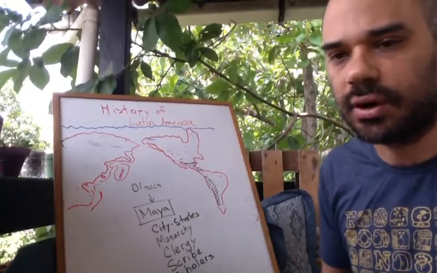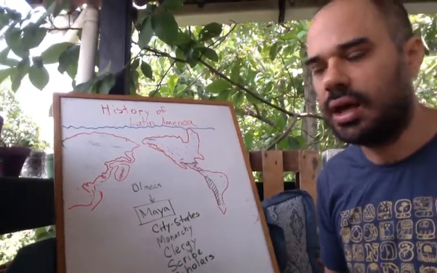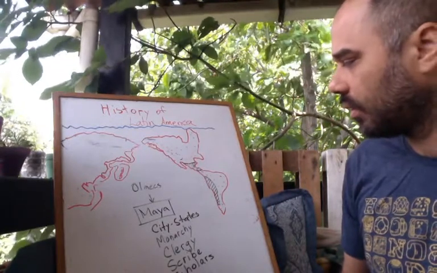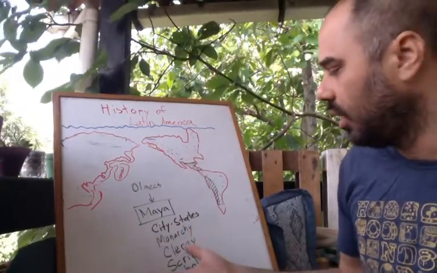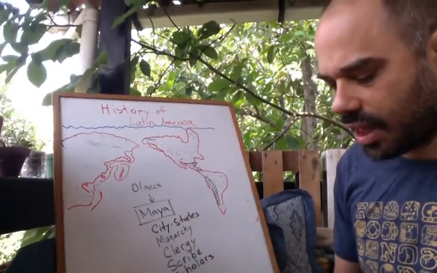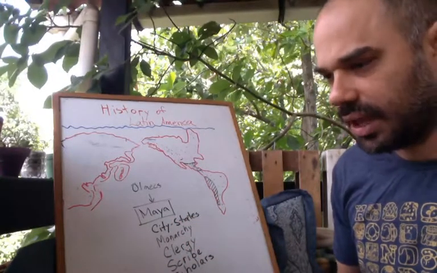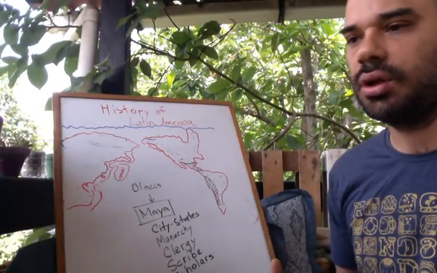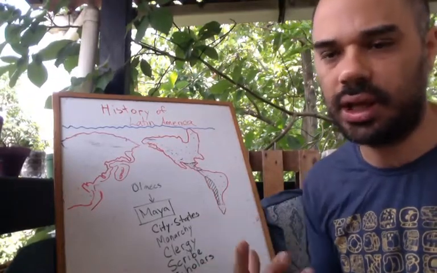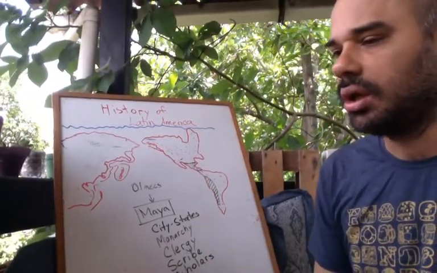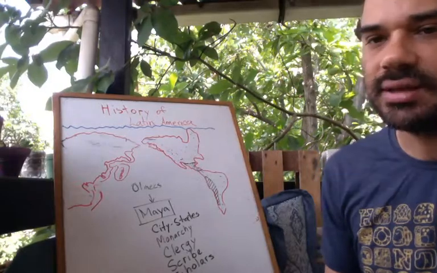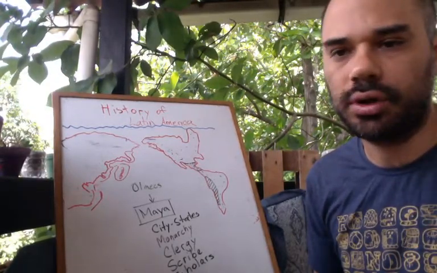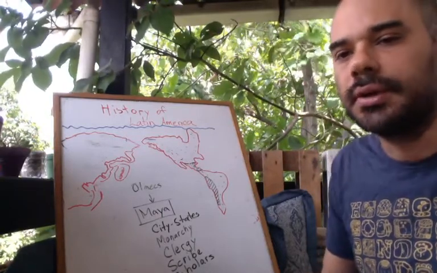Also, other famous cities are Tikal, Chichen Itza, and Caracol, for example. So we see that when the Spanish came, the Spanish that also wrote their history about how they encountered the Americas, the Maya city-states were not populated anymore. They were in ruins already.